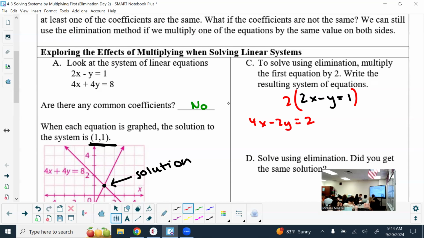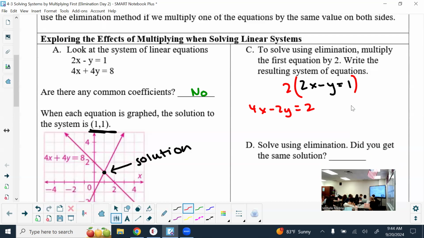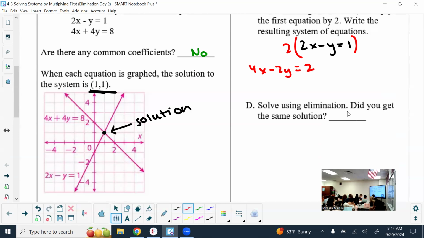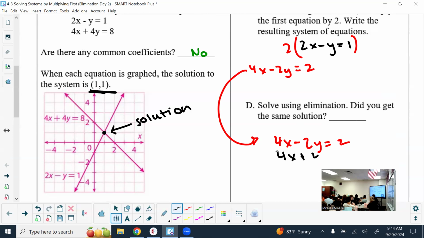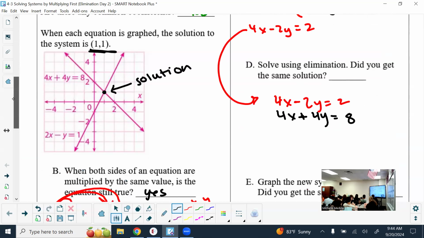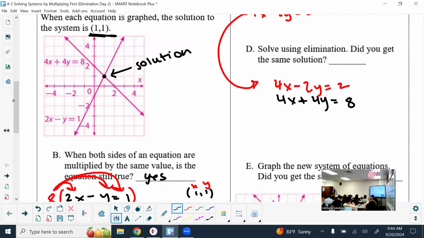So I'm going to pair it with the other equation that I did not do anything to, to create a new system. So here's my equation that I just created. I'm going to pair it with the other equation that I did not manipulate at all. So the 4x plus 4y equals 8. Now it is something that I can solve with elimination.